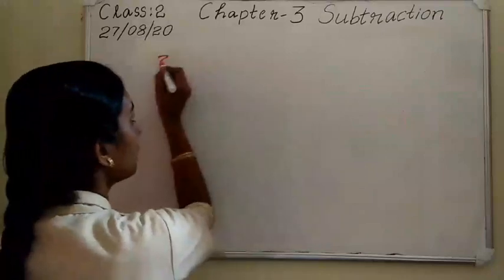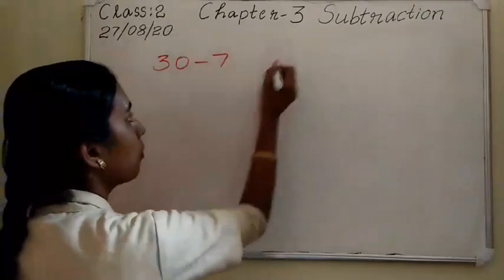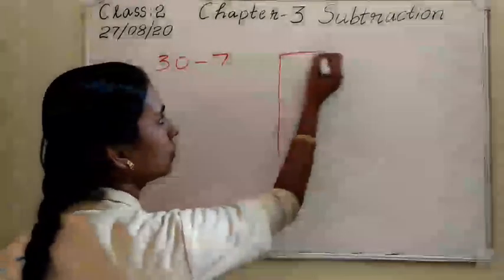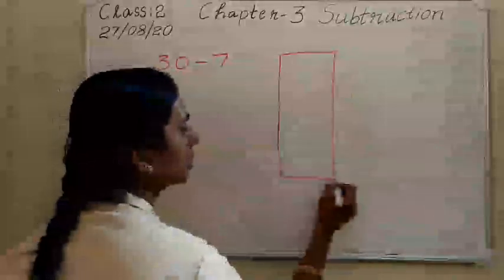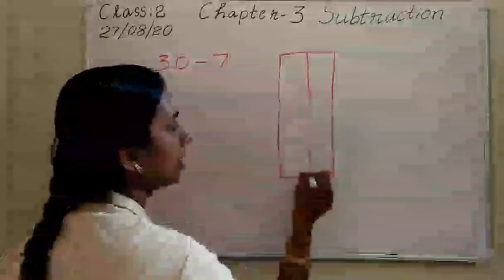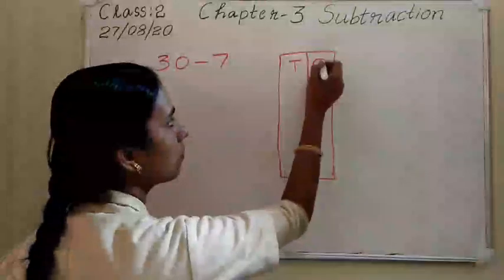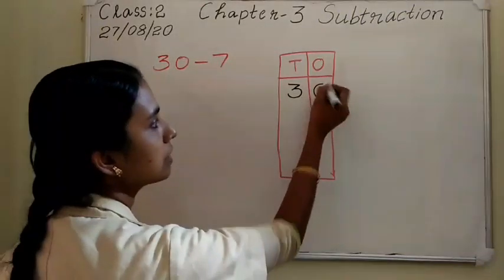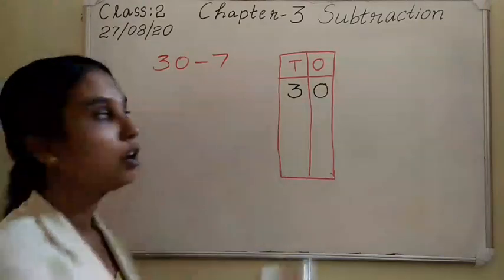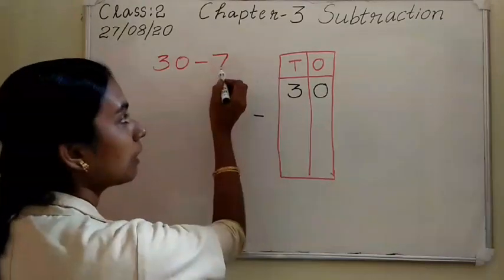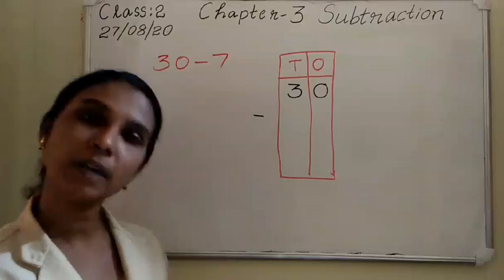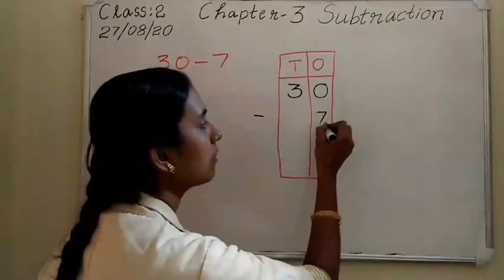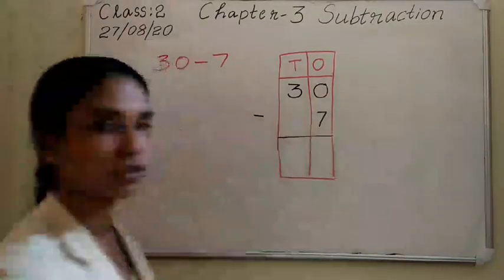Let us do 30 minus 7. You have to subtract by drawing a box. See, you have to draw the box. Then you have to write the tens and ones place. 30, you write 3 tens and 0 ones. Minus only 7, that means you write it in the ones place. Then you subtract.